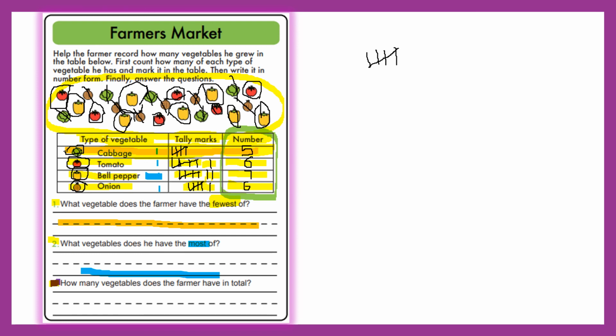And you add them together and see how many he had all together. Or you can count all your vegetables up there and see how many he has all together. Or you can double check by counting all your vegetables up there on the top and trying to add your numbers over there together and seeing if you got it right.